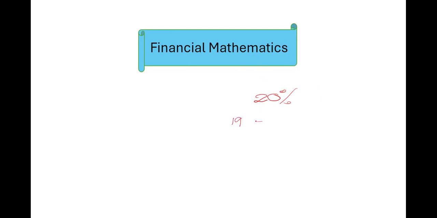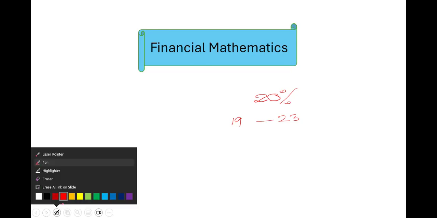Sometimes it may be 19, sometimes it may be 23. This range can be very high, and therefore the importance of this topic.